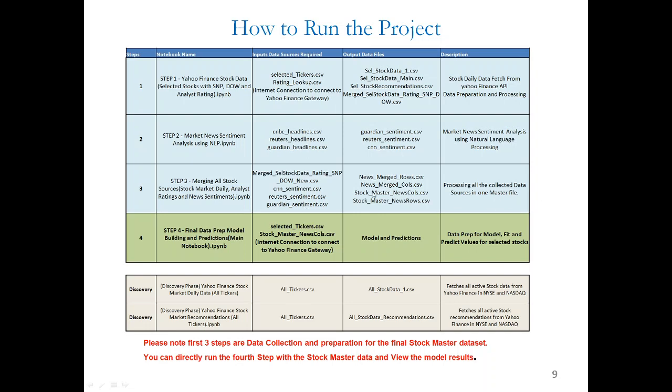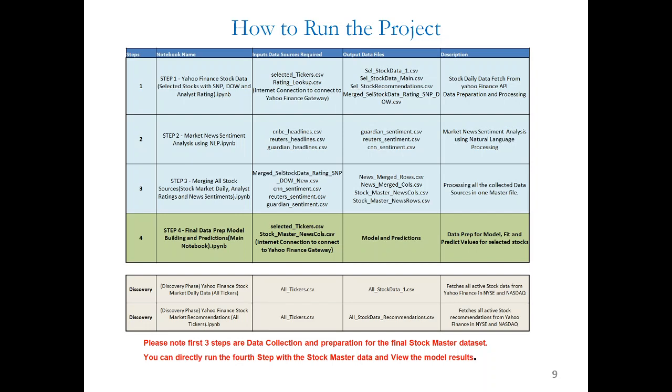This step involves bringing together data where the news is generally available over the weekends. Even the analyst ratings are also available over the weekend. So I'm trying to join the analyst rating and the news with the stock data. If the news is on the weekend, there is no stock data available for the weekend.